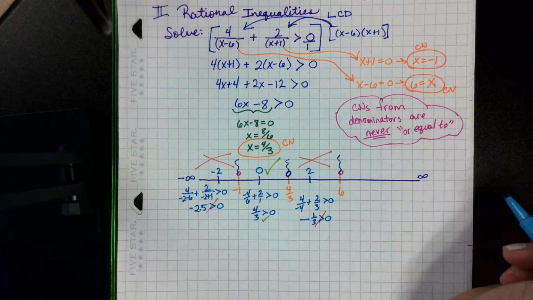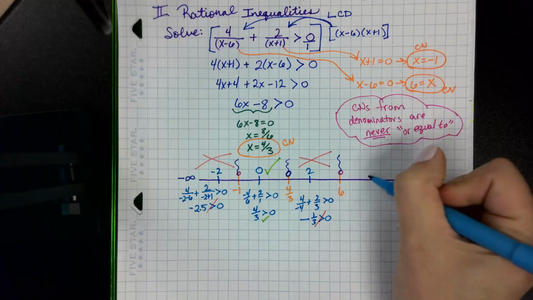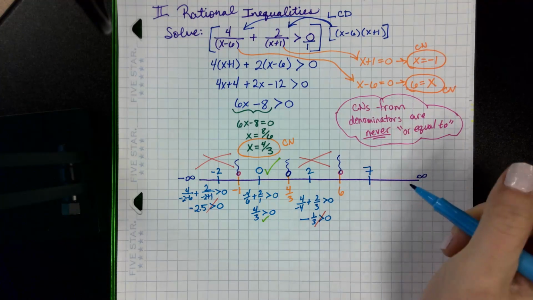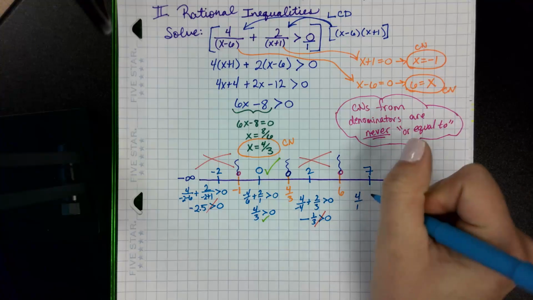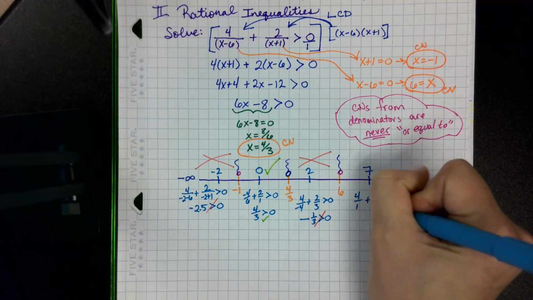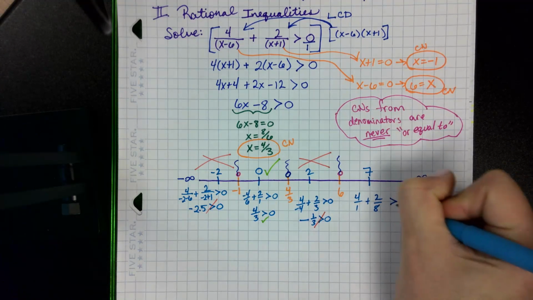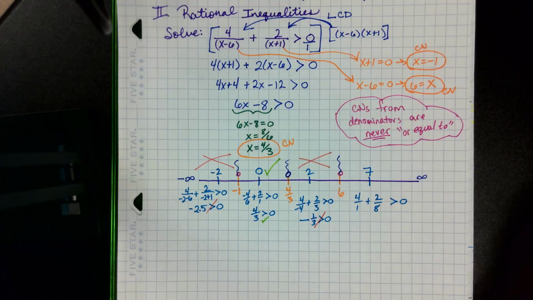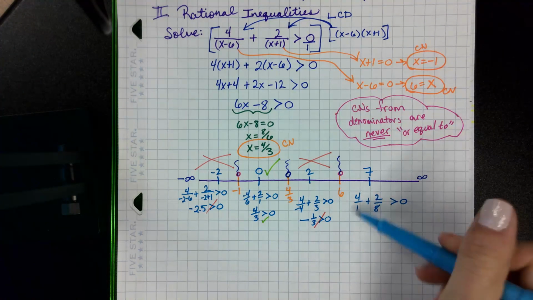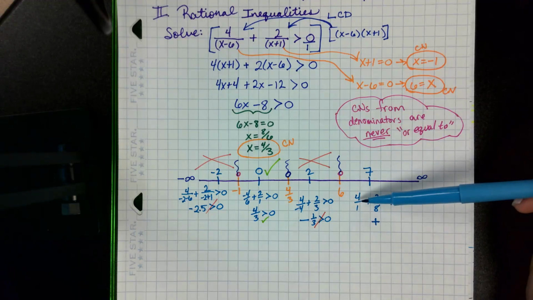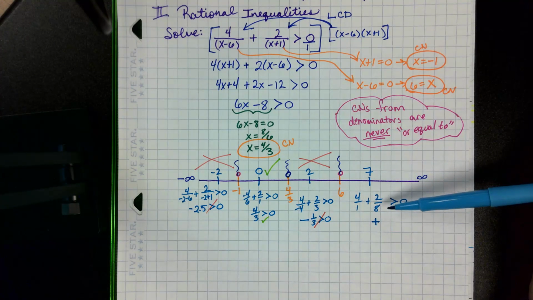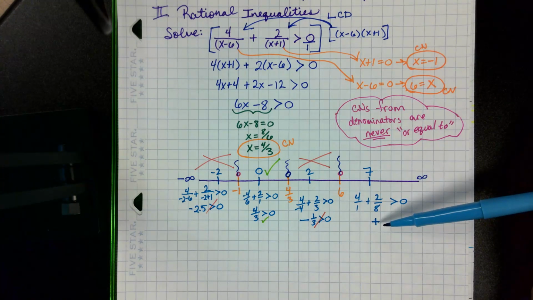So then last, I need a number bigger than 6. I'm going to go with 7. Plug in 7, and I get 4 over 1 plus 2 over 8 is greater than 0. If I calculate that, that's a positive number. I don't even have to calculate it. I have a positive plus another positive. So I know this is going to give me a positive value.